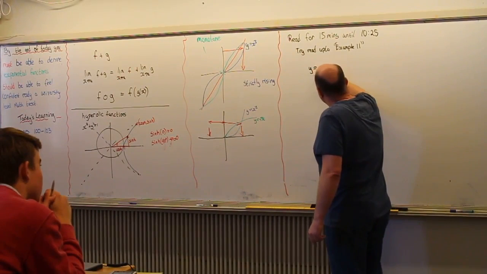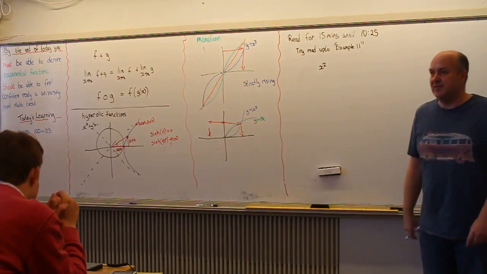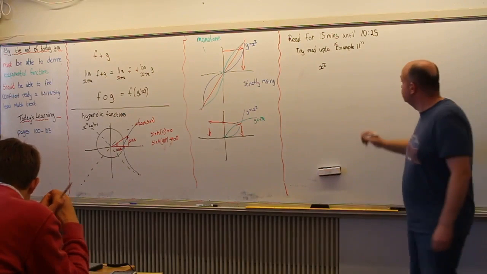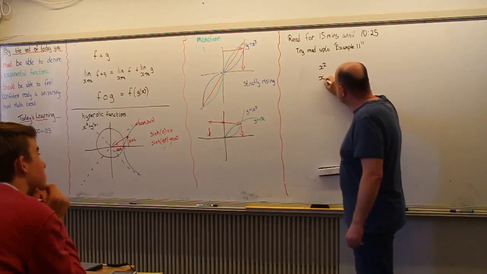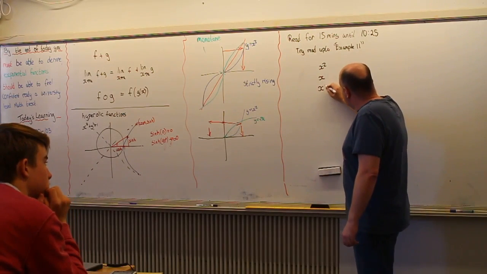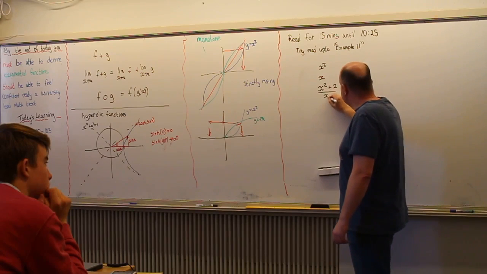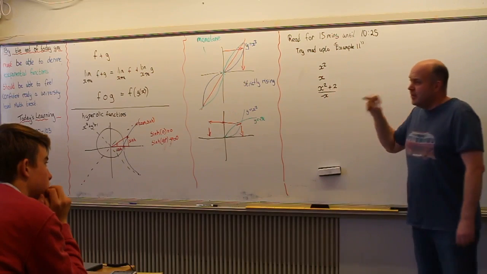So y equals x squared. I'll just put the expressions. Give me the expressions for elementary function. X squared plus 2 divided by x minus 2. This is not an elementary function.